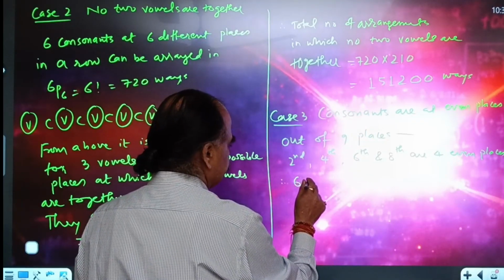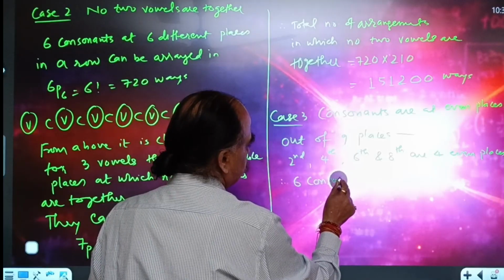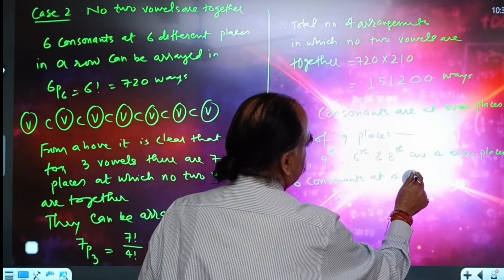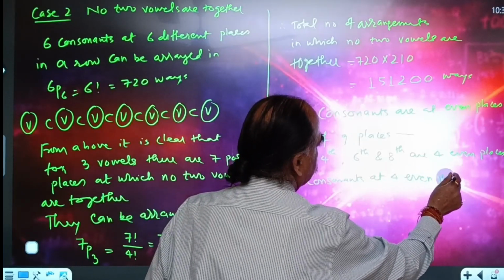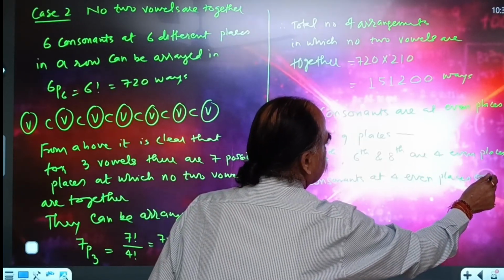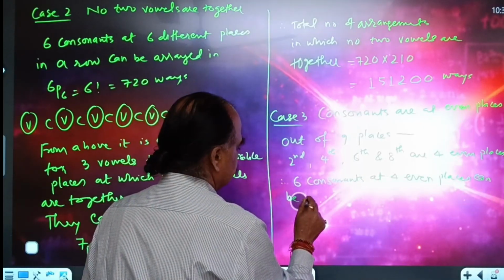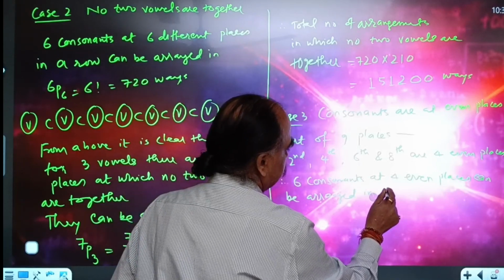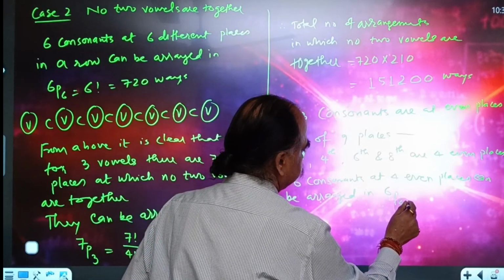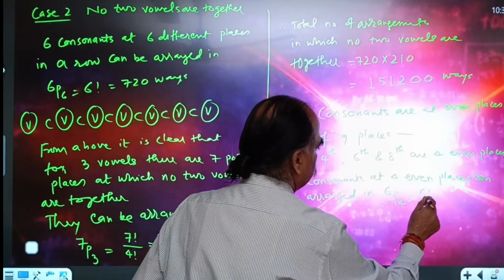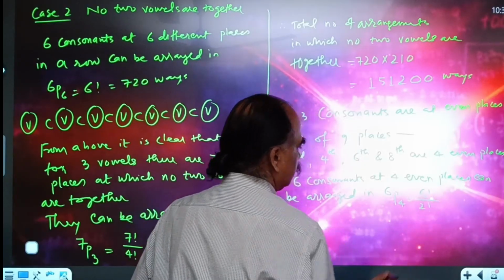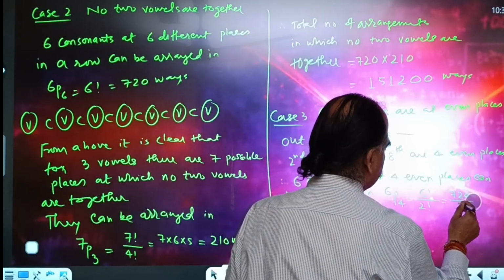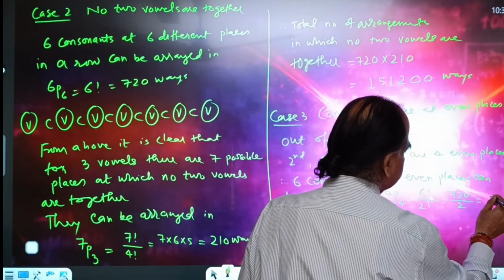Therefore, 6 consonants at 4 even places can be arranged in 6P4, 6 factorial upon 6 minus 4, which is 2 factorial, which is 720 upon 2, equal to 360 ways.